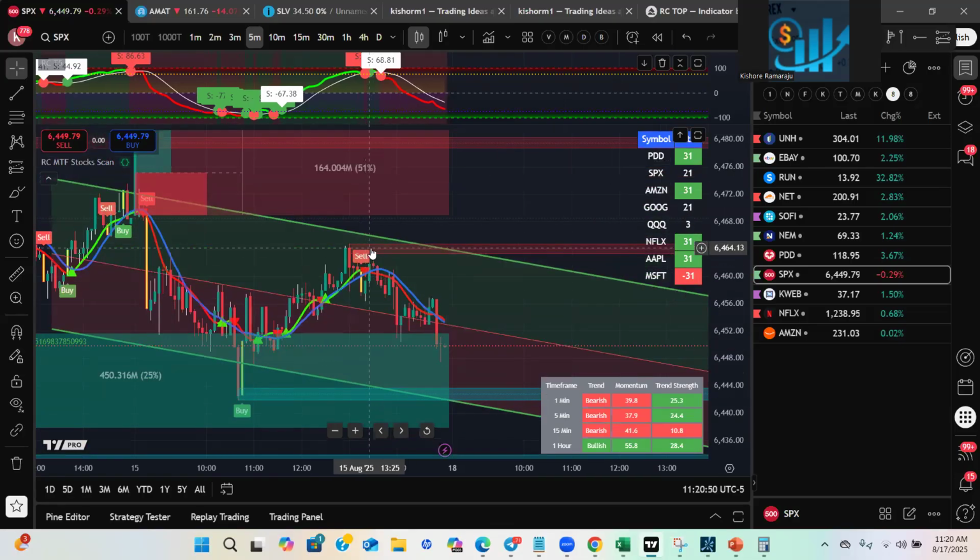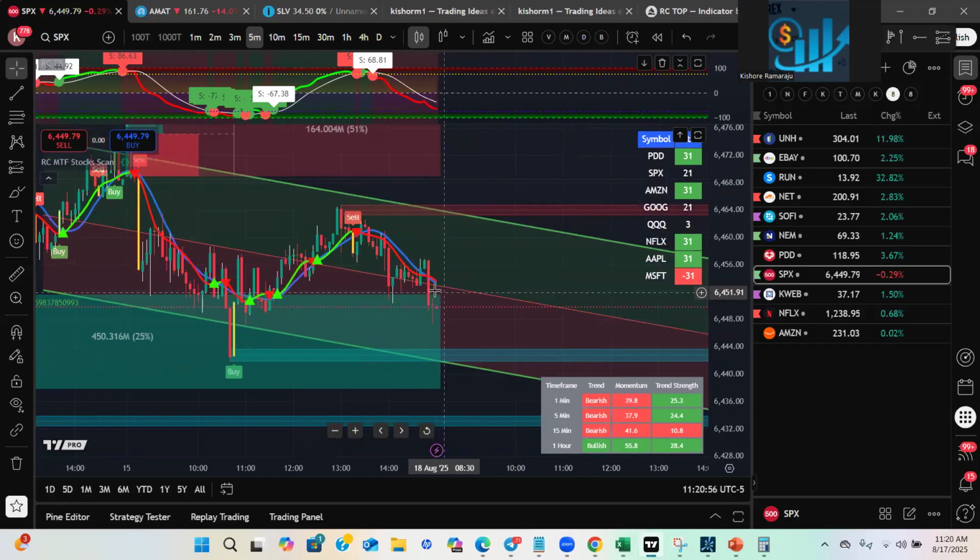You are selling 64.60, buying 64.65. If we are doing same-day expiry, for ETFs like SPX, SPY, QQQ, you can do same-day expiry. For stocks, you have to do weekly or monthly expiry.